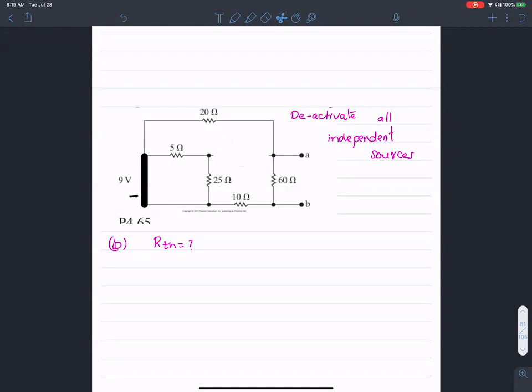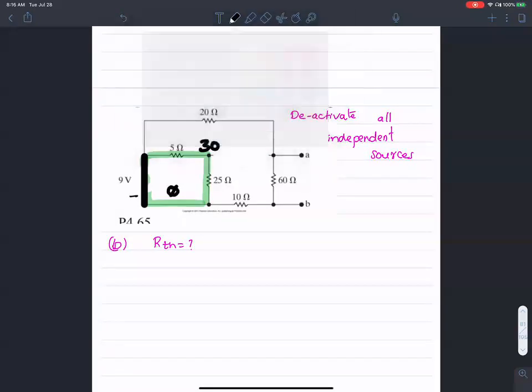Now, if you think about it, this parallel path and this parallel path, both of these paths are parallel. One path has a resistance of 0 ohms and one path has a resistance of 30 ohms. So the equivalent of these two parallel paths, the ones shown in green, is 0.